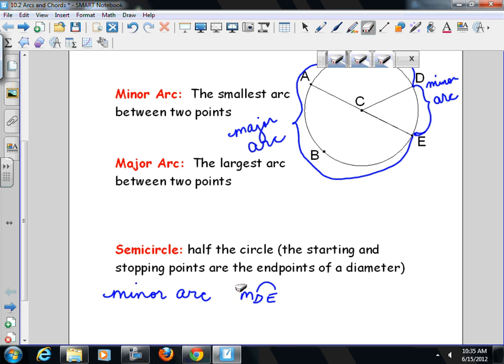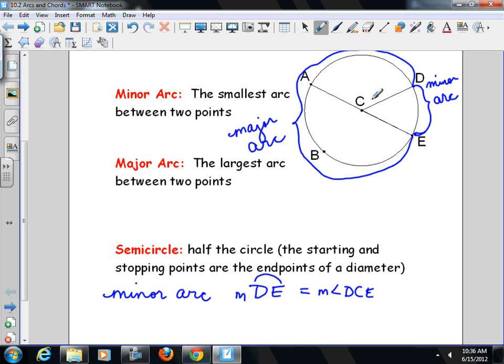Let me rewrite that so it looks a little bit better here. Measure of DE with an arc over the top of it. And the measure of a minor arc DE is equal to the measure of its central angle, DCE.